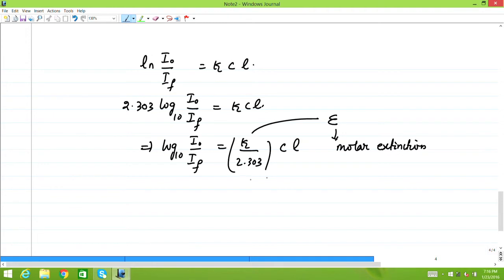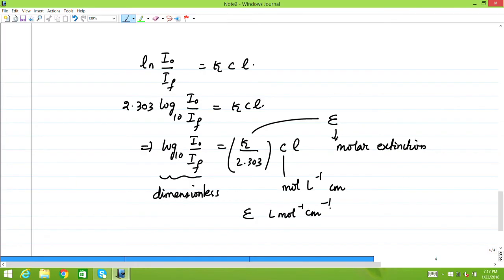And by dimension, please remember the left hand side is dimensionless because they both refer to intensities. The right hand side is moles per liter, and usually L is expressed in centimeter, therefore epsilon is liter per mole per centimeter.